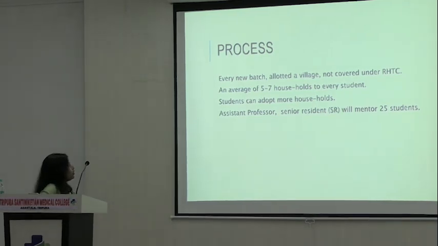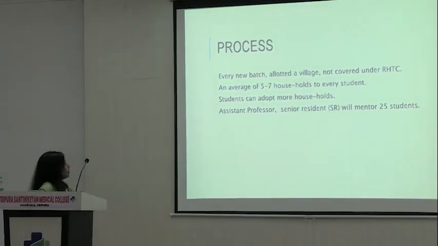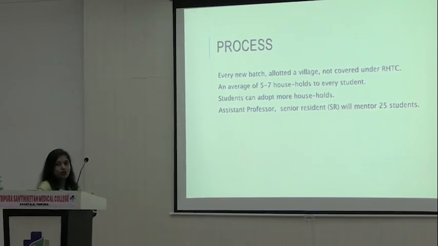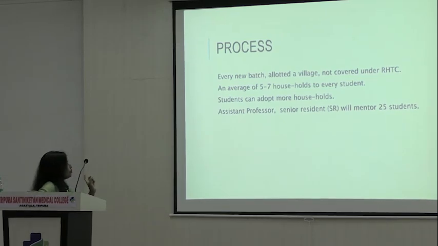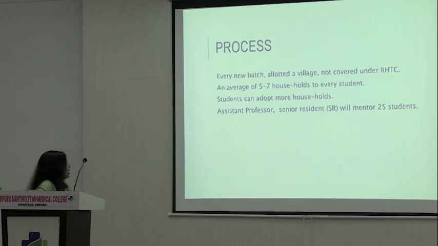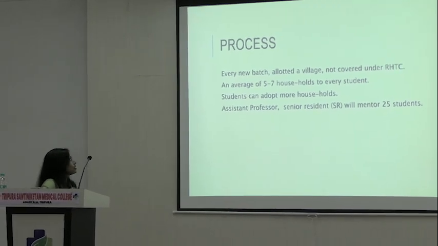An average of 5 to 7 households minimum. You can get more also if you are interested. Minimum 5 to 7 households per student. Then the assistant professor or senior resident will mentor 25 students.